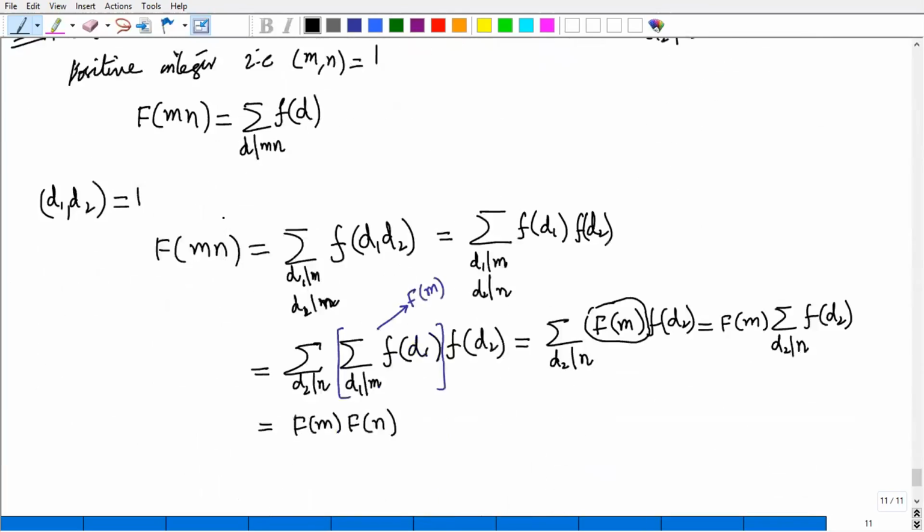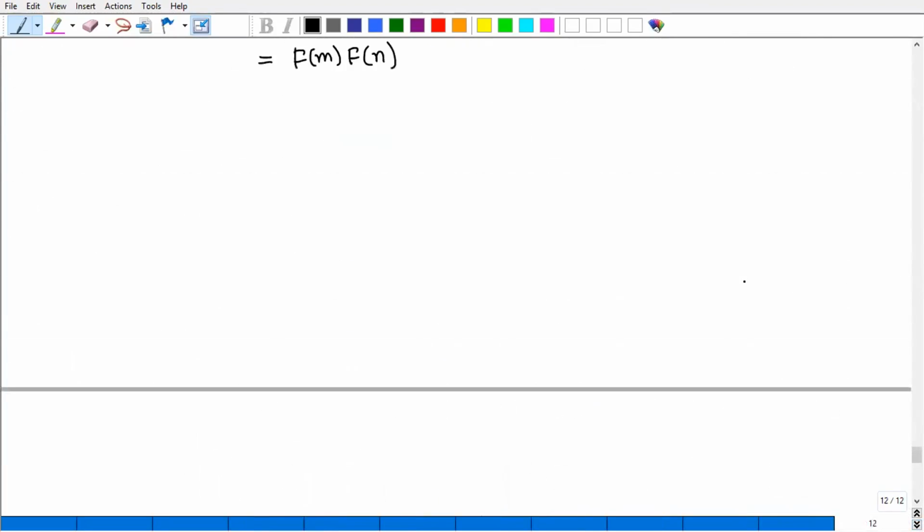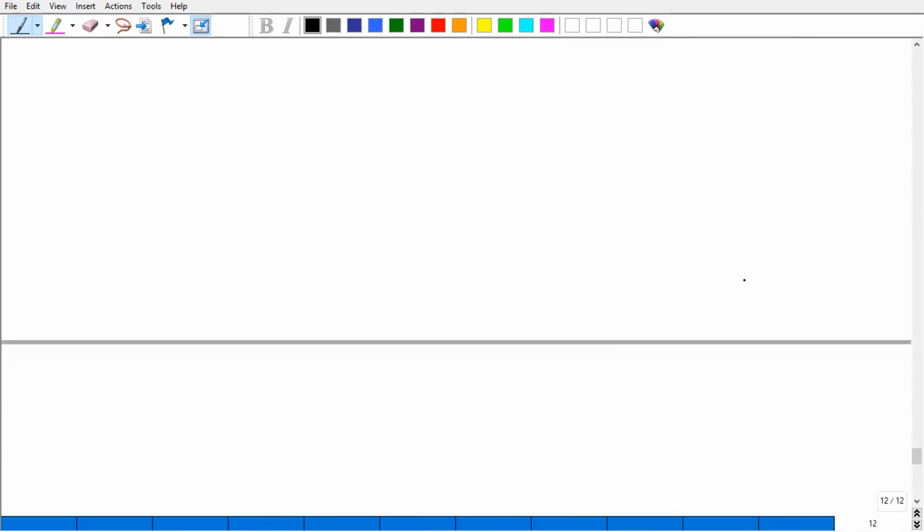And let me define two more functions. We already discussed the Euler phi function, and now we have two more number theoretic functions. One of them is tau. We represent that by tau of n.